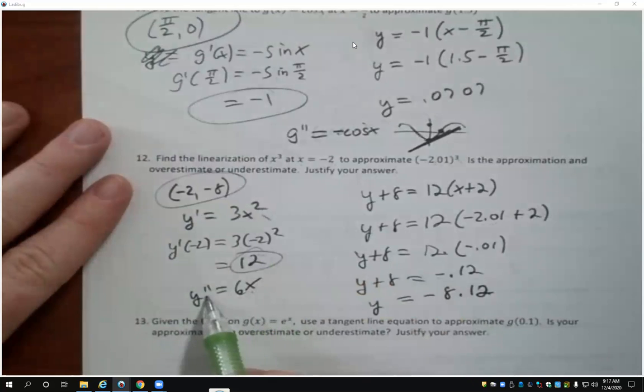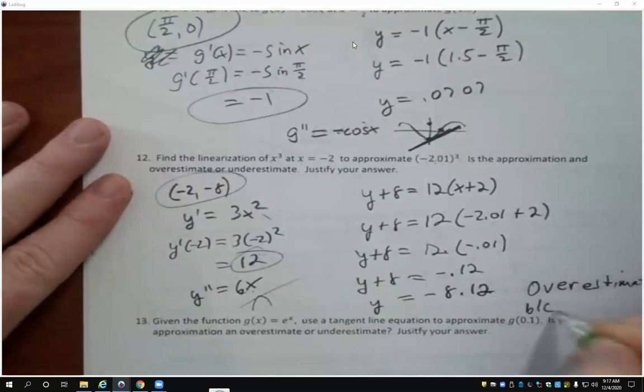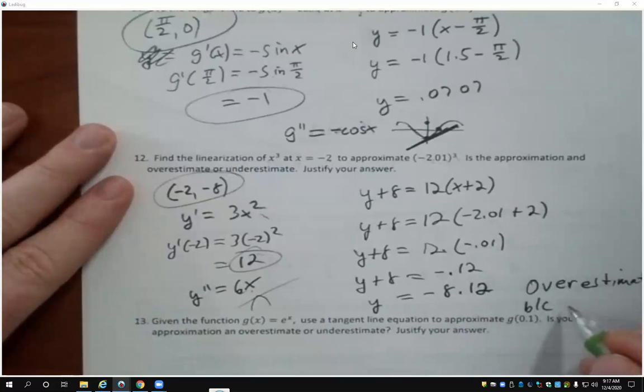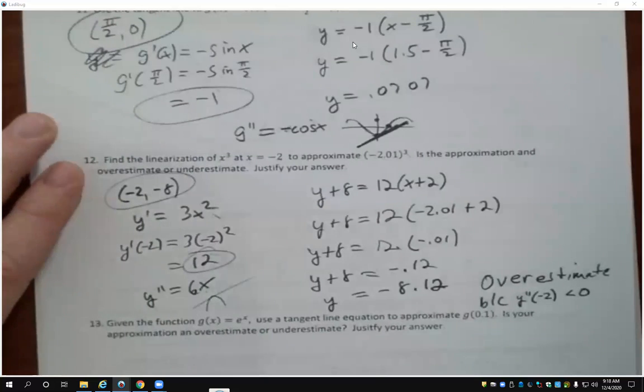If my second derivative is negative, I'm concave down, and when I'm concave down, this is an overestimate. So we're going to say it's an overestimate because y double prime of negative 2 is less than 0, or we're concave down.